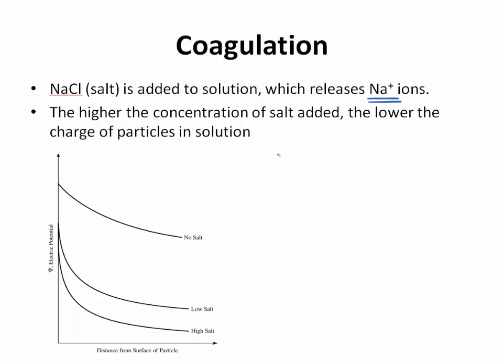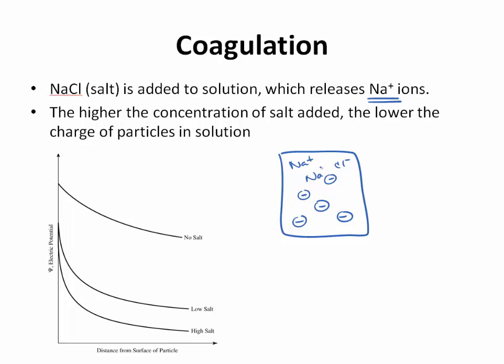If you think about what's happening in the reactor, you have negatively charged particles, which could be NOM or bacteria, and you are going to add sodium chloride, and it will dissociate. The positive charge of the sodium will be attracted to the negatively charged particles to neutralize those. The strength of the charge of a particle can be measured as the electric potential.